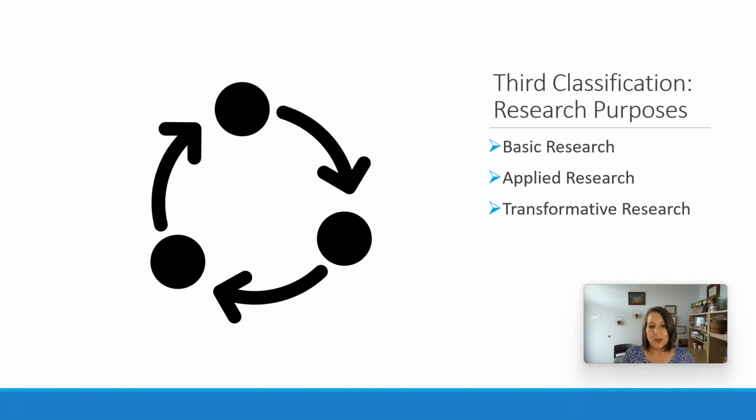All right, so now we've looked at a lot of things, right? We've looked at our major methodological approaches. We've looked at our research methodologies as kind of drilling down a little further. And now we're looking at basic research, applied research, and transformative research as three different classifications of sort of the functions of research.